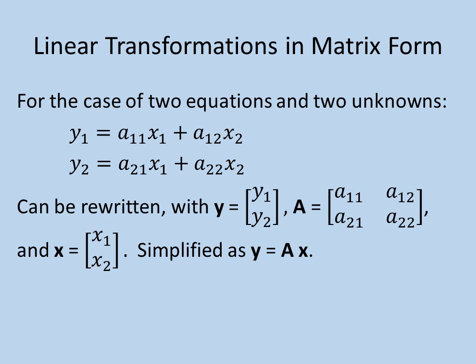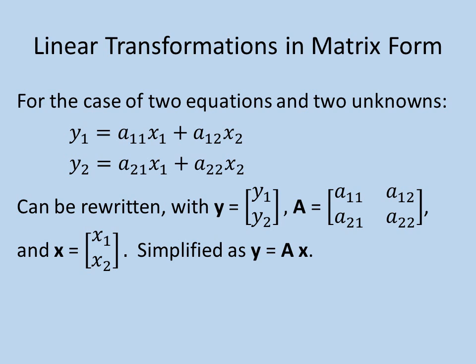Next, we're going to consider the linear transformation in a matrix form. If we're looking at the case of two equations with two unknowns, we might be familiar with those equations written as y1 is equal to a11 times x1 plus a12 times x2.